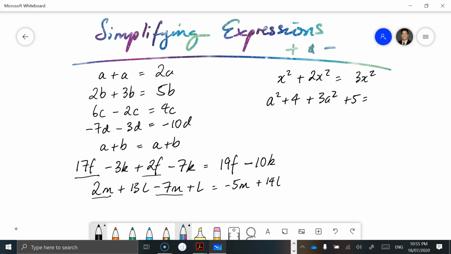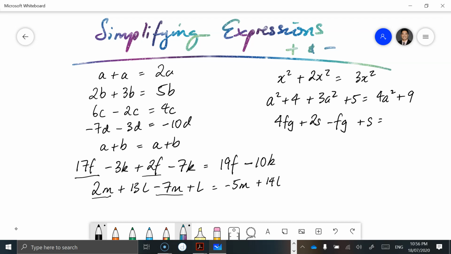So here's an a squared, here we have another 3, so we should have 4 altogether, and then 4 plus 5 is just 9. But what would happen if you had something like 4fg plus 2s minus fg plus s? Same thing, you only combine the terms that are the same.